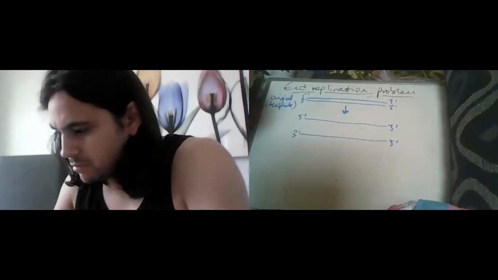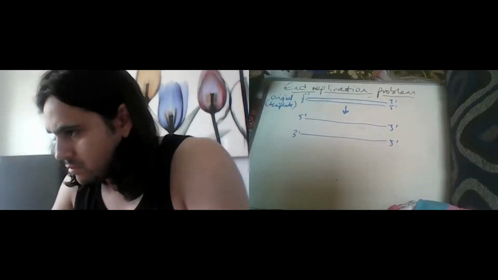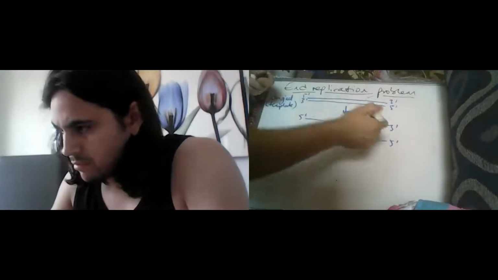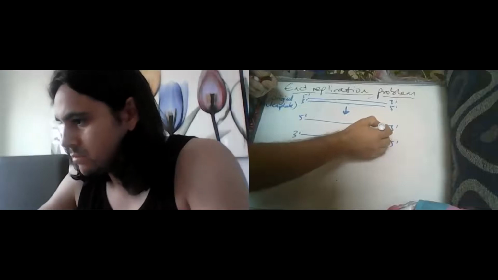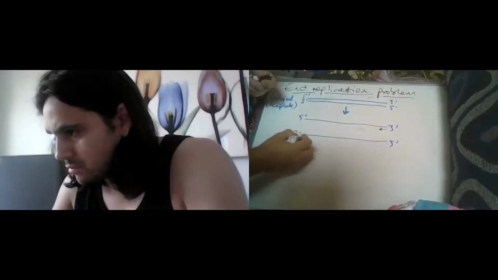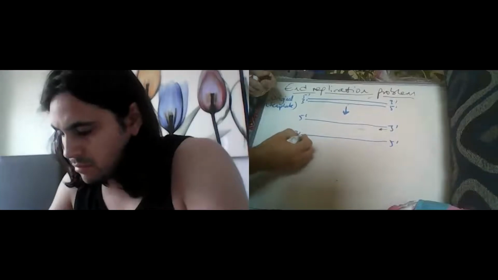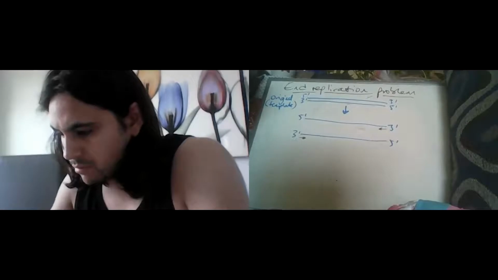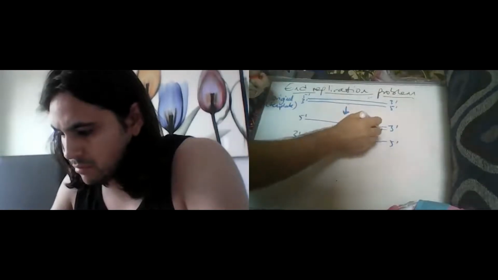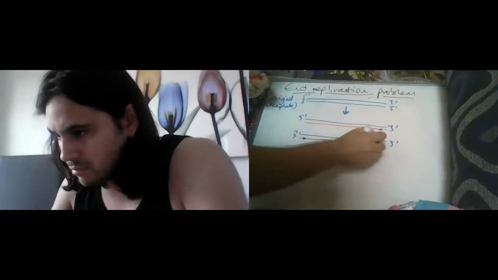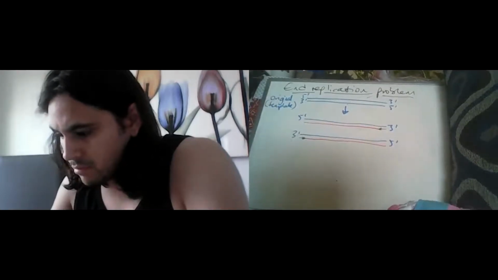you have your, what color do I want to use? See, this is where you get into the problems with having 3 colors. You have your primer here, and your primer here. And then like so.